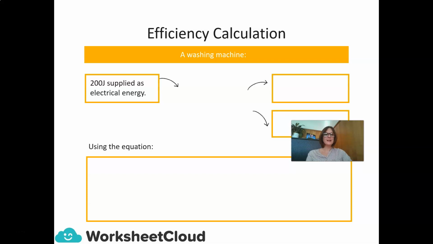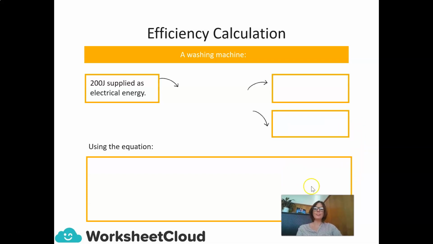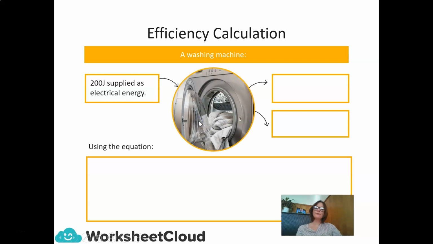So let's take a look at an example over here. So let's take a look at a washing machine. So we have 200 joules supplied as electrical energy to the washing machine. 100 joules of that energy is transferred as sound and light.